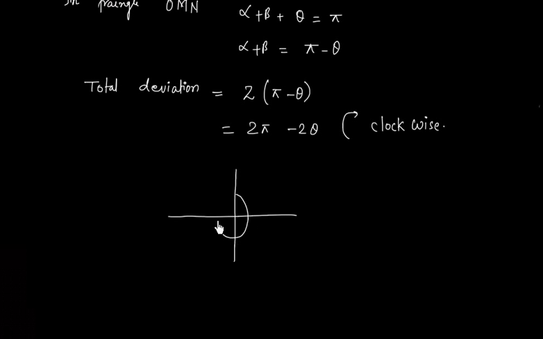So let us say this is the angle in the clockwise direction, and this angle is 2 pi minus 2 theta. If I measure the same angle in the anti-clockwise direction, this angle is 2 theta, because the sum of this angle and this angle is equal to 2 pi. So 2 pi minus 2 theta in the clockwise direction is the same as 2 theta in the anti-clockwise direction.